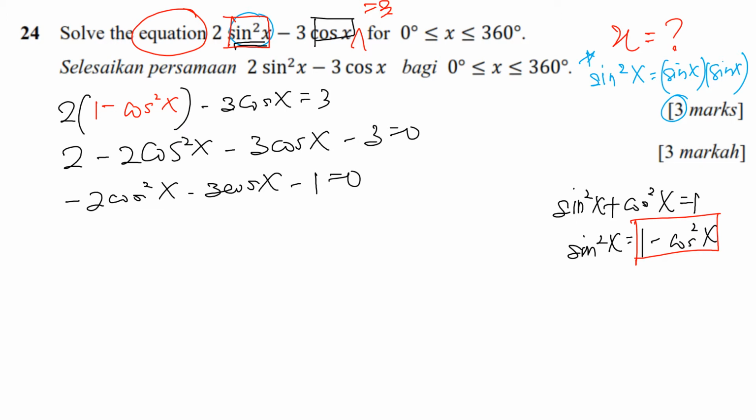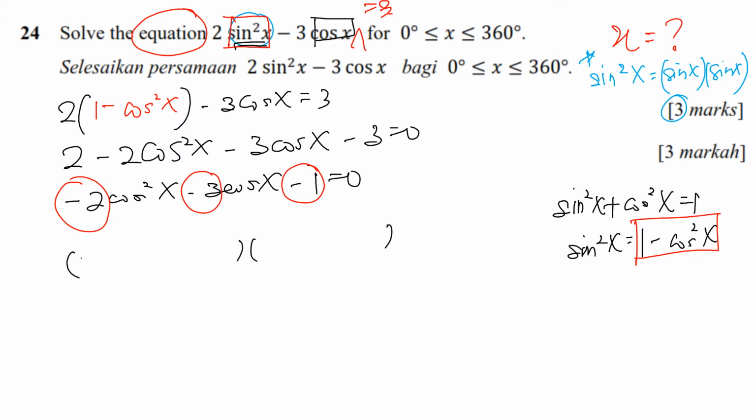Then what do you do? Remember, if you press your calculator and substitute in the values of a, b and c, you will get the factorization. You'll get this as your factorization.